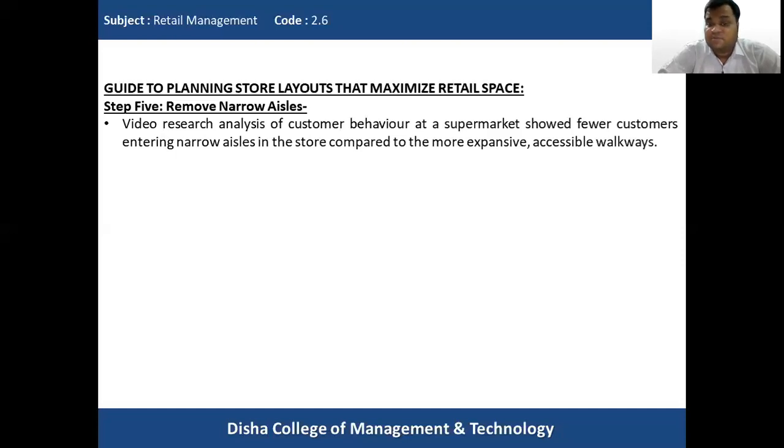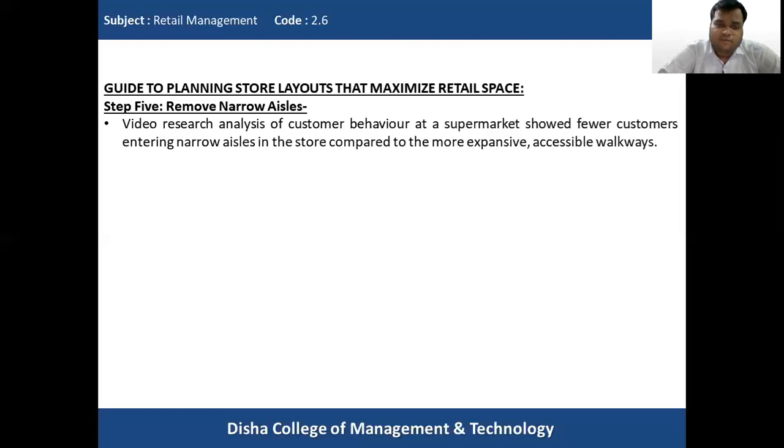The customer behavior at various supermarkets, or at a particular supermarket, has been seen to show that fewer customers enter these narrow aisles. When they find that the aisles are very narrow and there is not enough space, they do not enter those narrow aisles. In comparison, where the aisles have more expansive and accessible walkways, a lot of personal space can be made available to the customer.